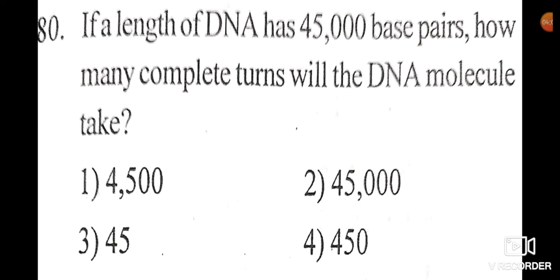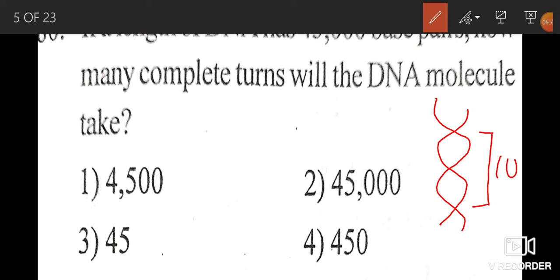Question number 80. If a length of DNA has 45,000 base pairs, how many complete turns will the DNA molecule take? Each turn contains 10 nitrogen base pairs.